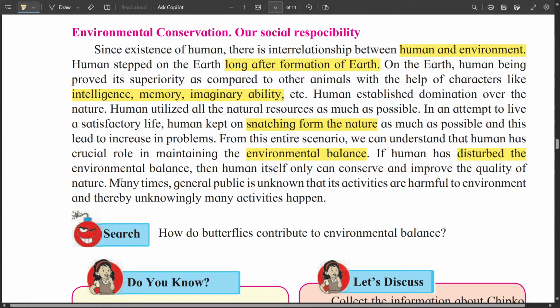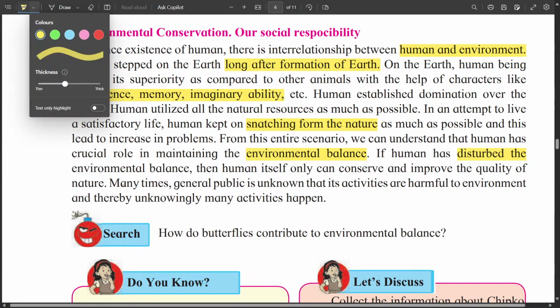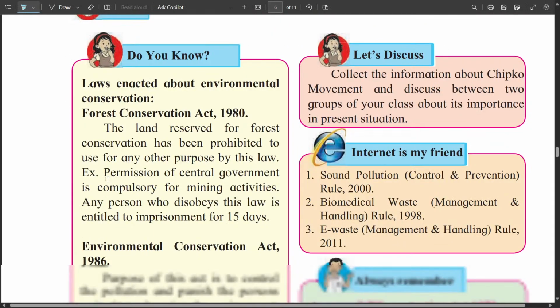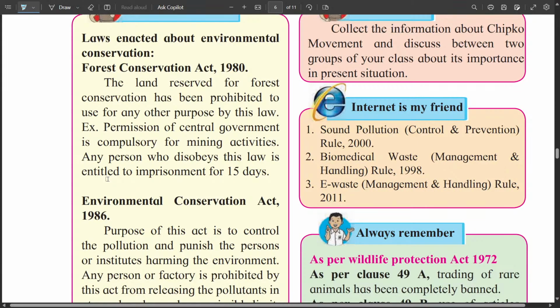Many times, the general public is unaware that its activities are harmful to the environment, and thereby many activities happen unknowingly. For example, as we have discussed earlier, butterflies are also very much important to the ecosystem because they do the function of pollination, which is very much required for the sustenance of the ecosystem. So certain laws are enacted for environmental conservation.